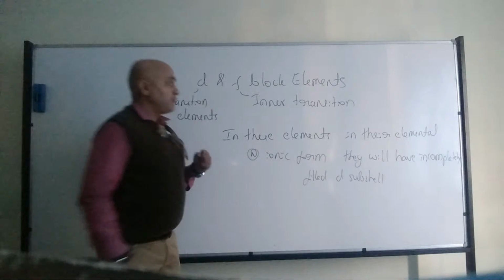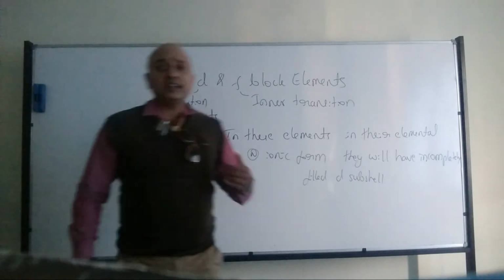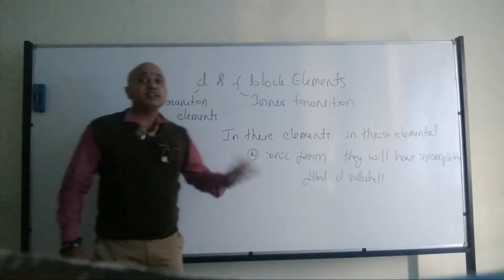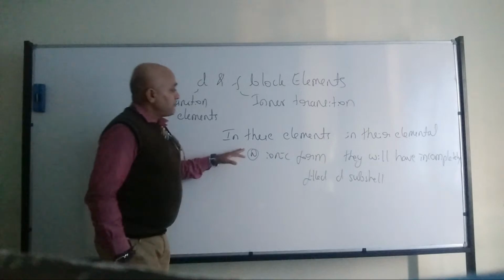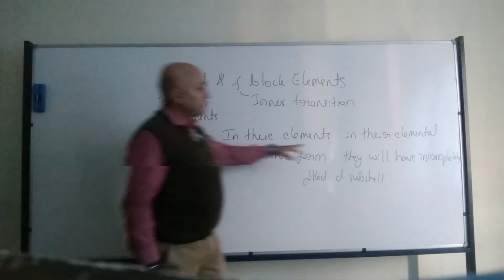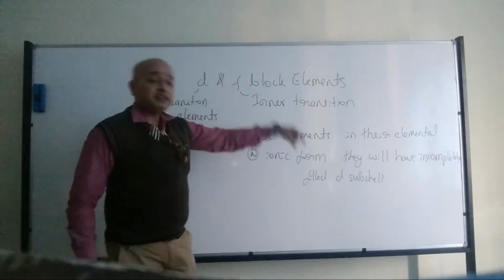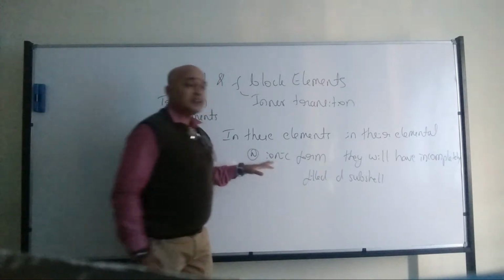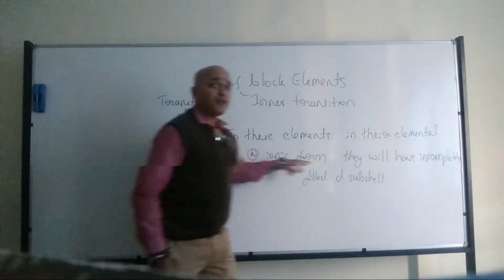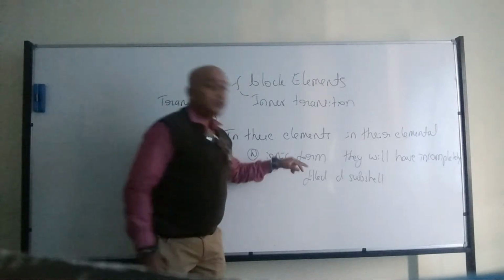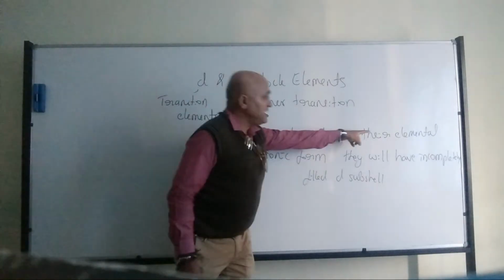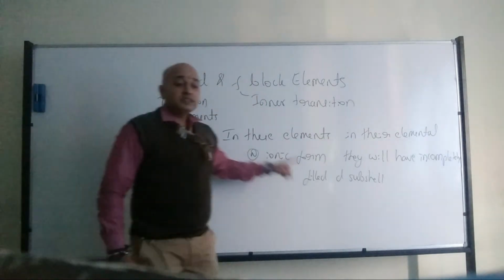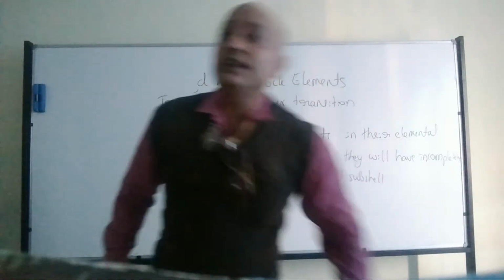Now, when it comes to P block, we used to say that these are the group of elements where the P subshell is getting filled up. But here, if you observe carefully, we have mentioned that in their elemental form, in the atomic or neutral form, or in their ionic form, they should have incompletely filled D subshell.